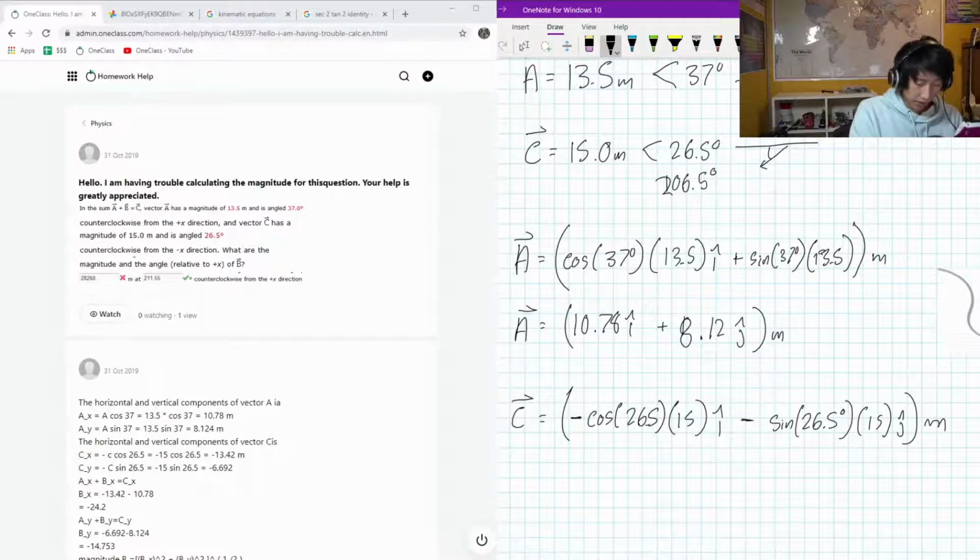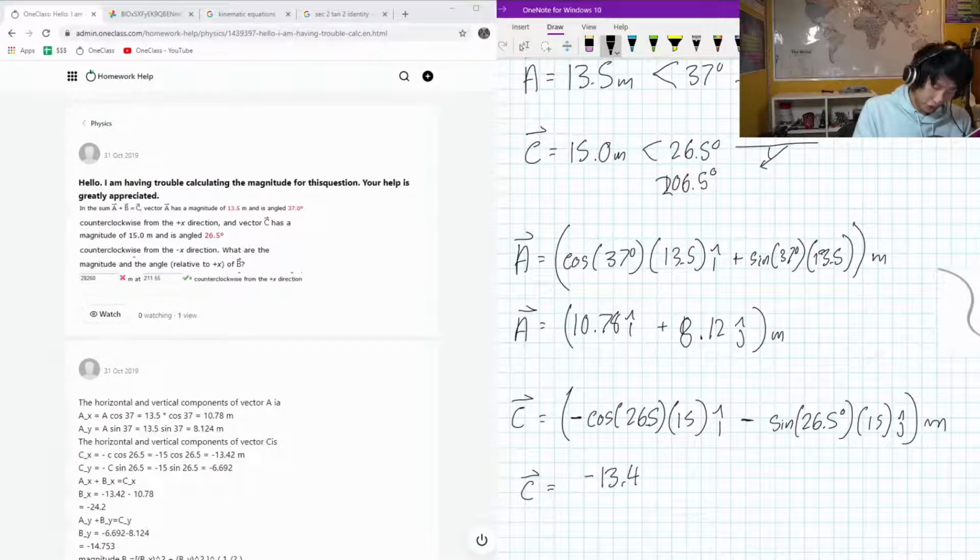Cool, so let's multiply that out. Cos 26.5 times 15 is negative 13.42 in the I direction, and then minus, now let's find the sine of that.